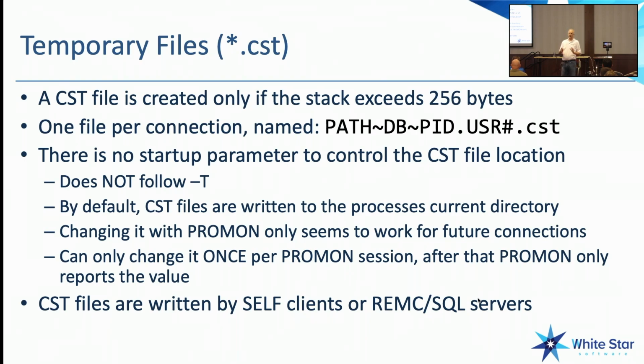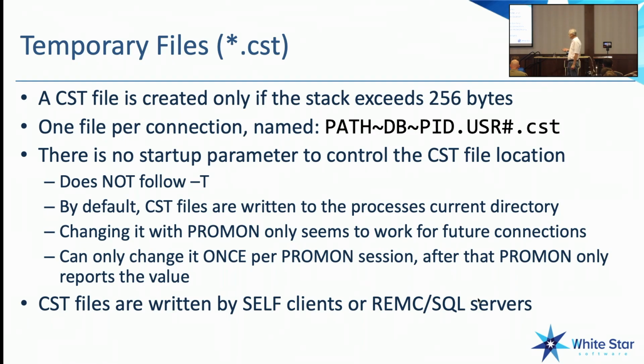So if your system is set up in a way that you change the directory of the process before the process starts executing, you need to make sure that you have write permission in that directory. Or you need to use the feature to redirect the CST files to some other directory, but you need to have write permission wherever that CST file is being generated. If you change it with Promon, it works for future connections, but for existing connections, it will still try to use the current directory.